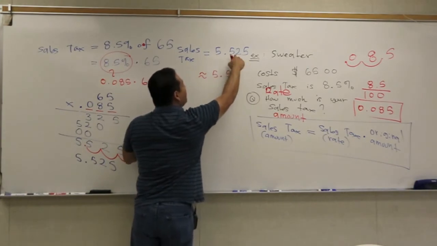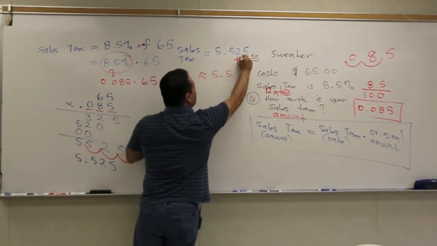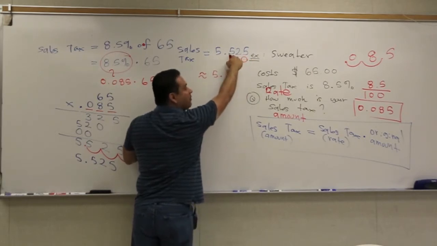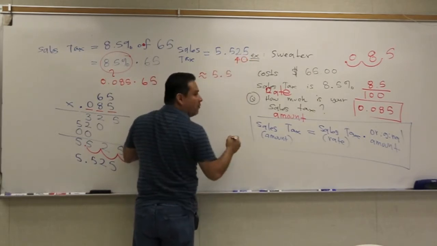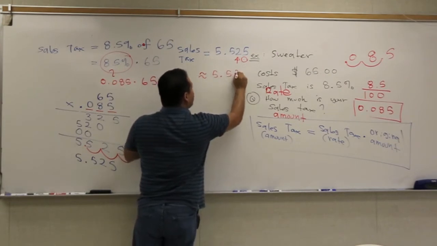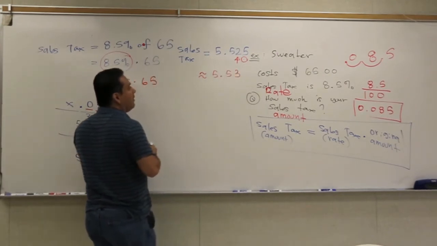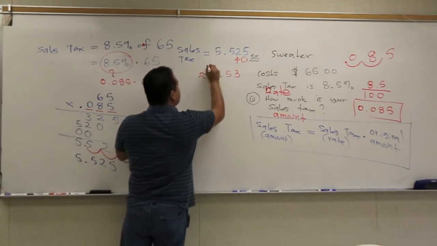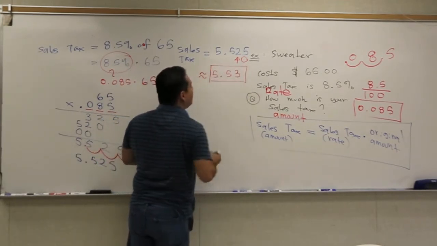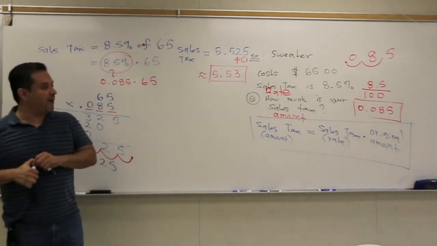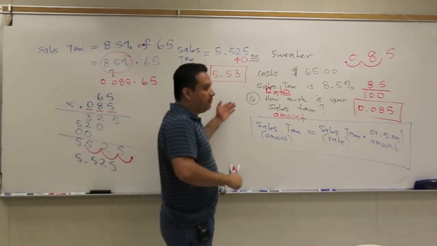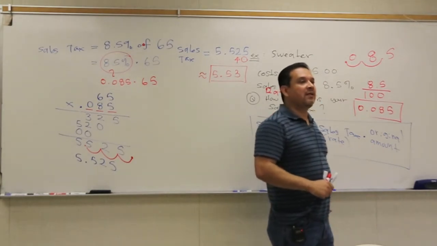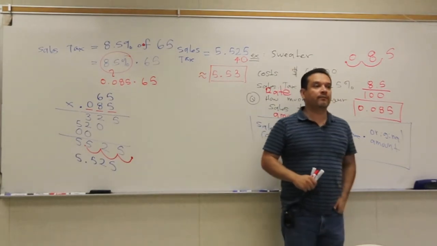So what does that mean about the 2? You look at this digit. If this digit is a 5, 6, 7, 8, or 9, what do you do to the 2? You add 1. So this will be approximately $5 and what? 53 cents. In other words, this here is the sales tax. Okay? You okay with this? So your $65 sweater isn't going to be $65 in total.